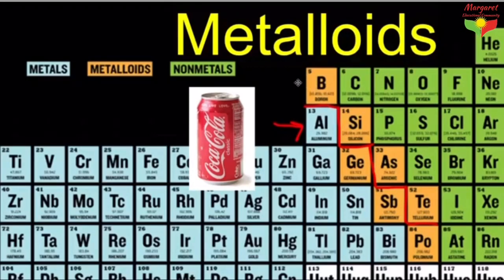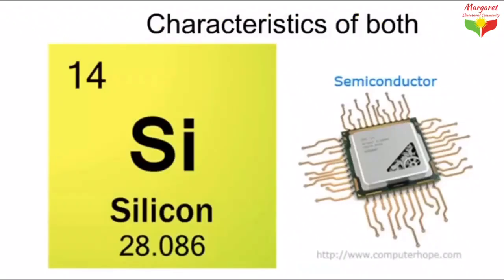Now, metalloids are going to share the properties of both metals and nonmetals. Silicon is a perfect example of this, and the very fact that you're hearing my voice and watching this video right now is because of silicon. Silicon is a semiconductor, which means that it is both a conductor of electricity and not a conductor of electricity.